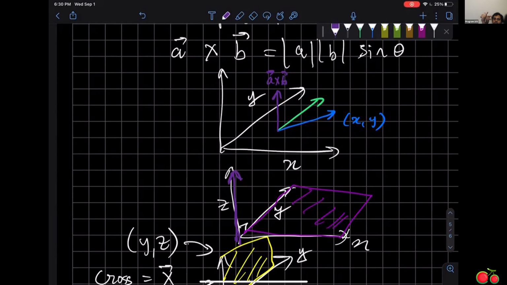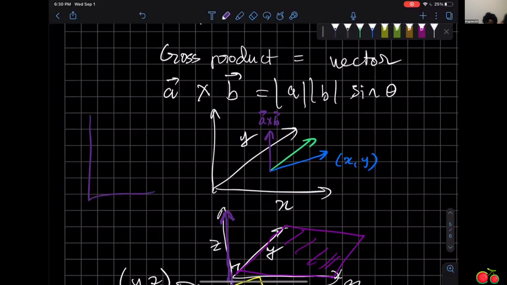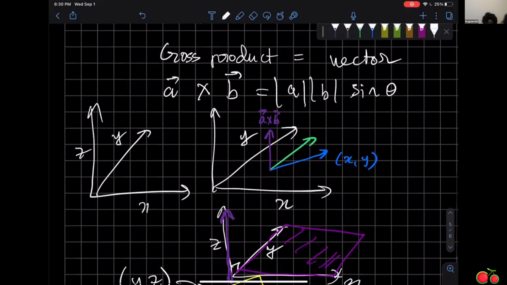If you have just one vector, it's kind of like a line pointing in some direction. You don't have a plane. But if you add a second vector, you can define a plane. So for instance, here, X, Y, Z, I can define a plane by taking two vectors.